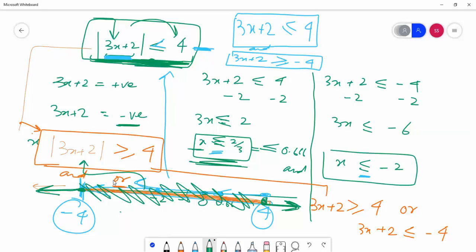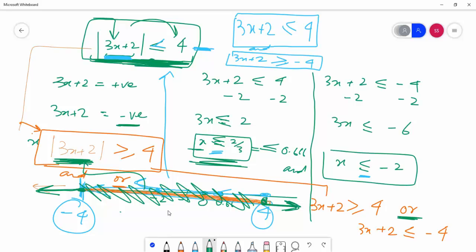All those numbers which are in between 4 and negative 4 will not be satisfied by this inequality. That is why we put an or here. And or would look like a dot going on one side and the other one on the other side? Yes, exactly, opposite to each other. And the thing which is in between them will not be satisfied.